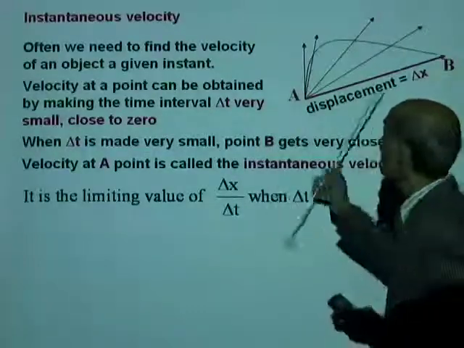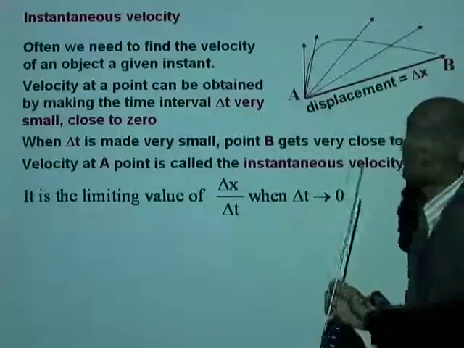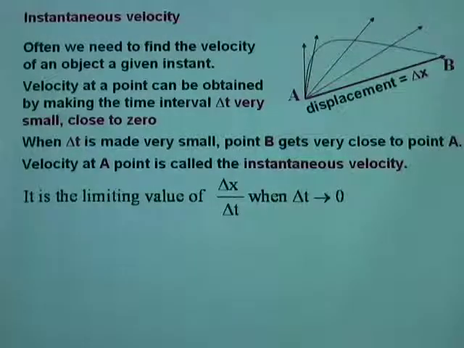So let me come again here. You can see delta x divided by delta t. Can you tell me what quantity that delta x divided by delta t defines? If this is my delta t, now delta x divided by delta t is the rate of change of position.